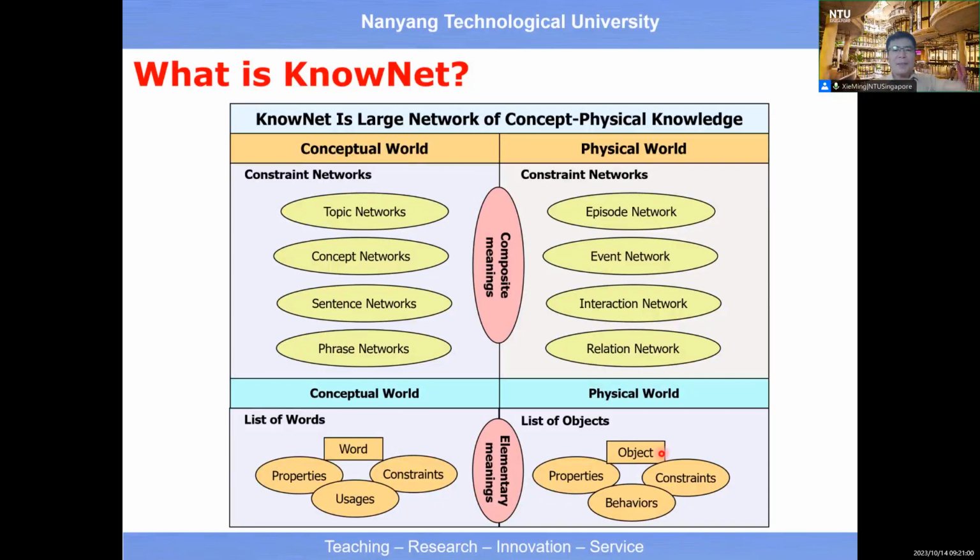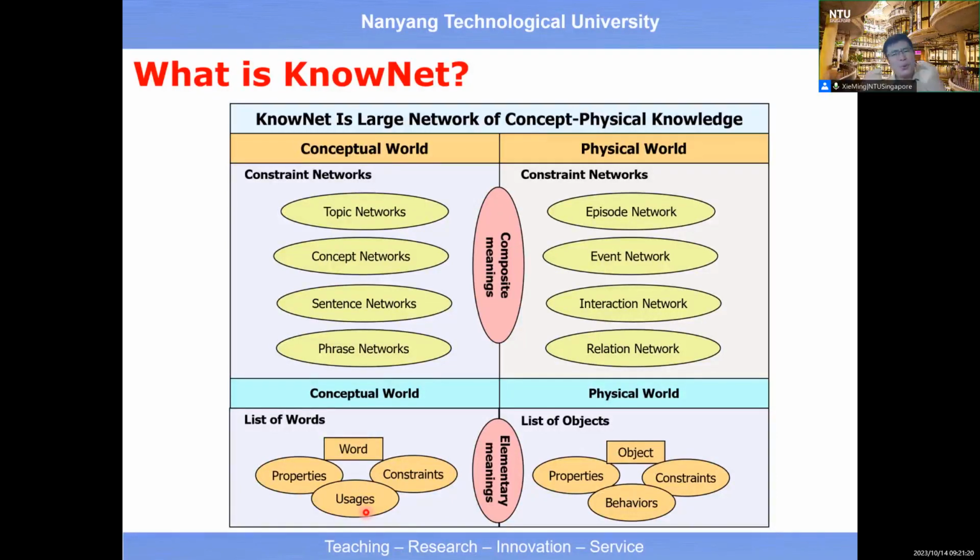And then what will be the knowledge in the conceptual world? Because in the conceptual world, we have entity, virtual entity or symbolic entity, which is called a word, right? And each word also has property, constraint, and usage, right?